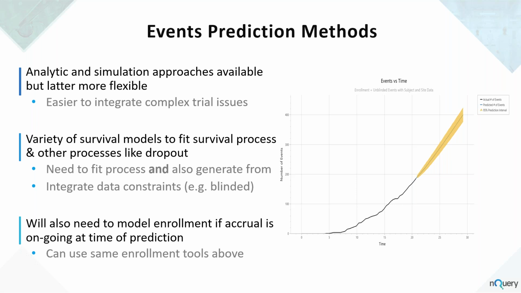That's also true for enrollment, but it's much more of a consideration for survival data, where ideally we would know what the hazard rates are in each group, but we don't generally know that if we're not, for example, on the data monitoring committee. And as mentioned, enrollment modeling is an intrinsic part of the problem, unless you happen to have already finished enrollment at the time that you choose to do this prediction modeling.